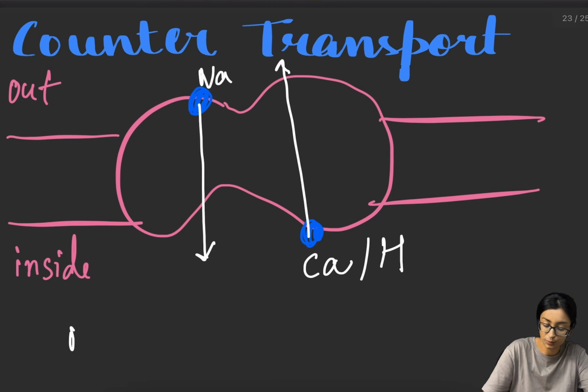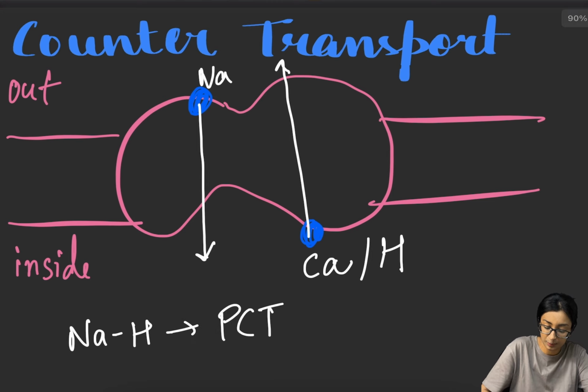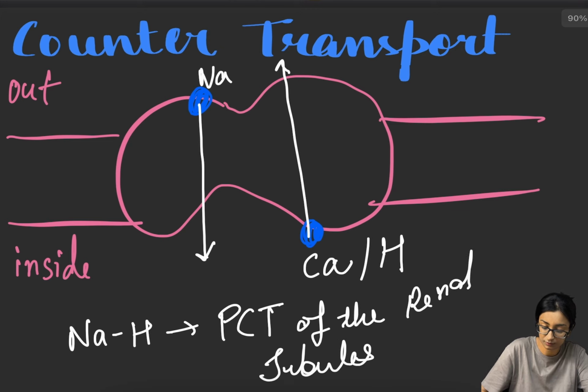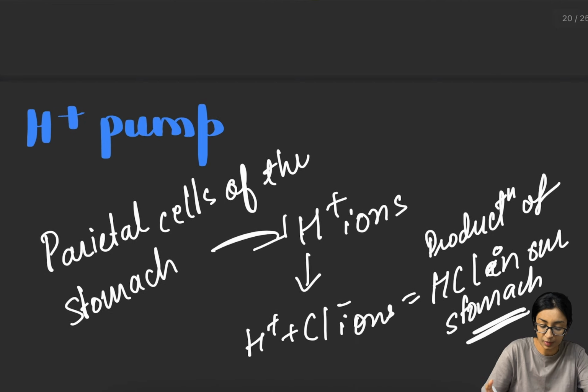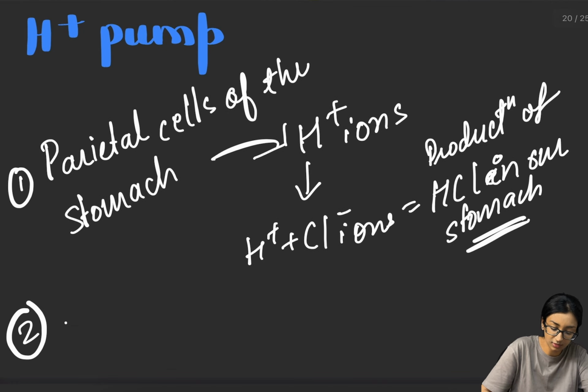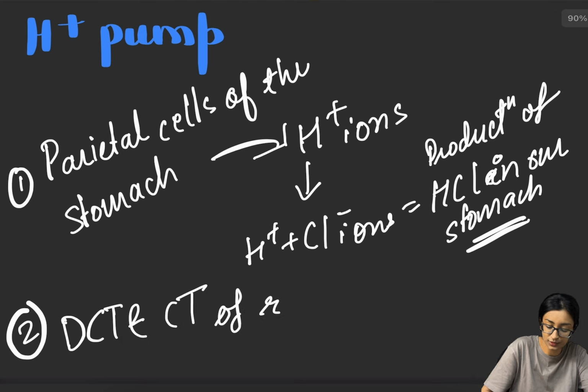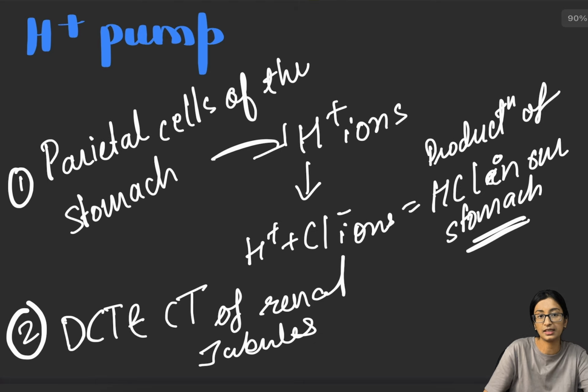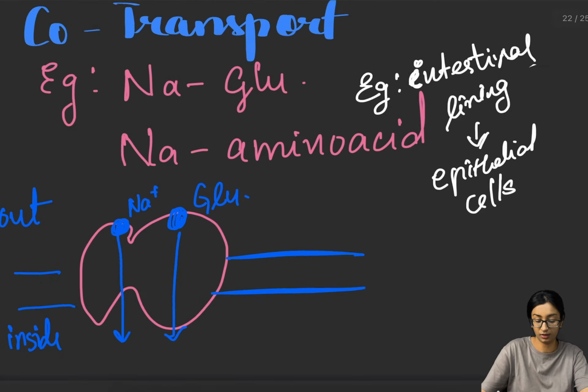And the counter transport of sodium and hydrogen is present in the PCT of the renal tubules. The hydrogen pump in the primary active transport is also present in the DCT and collecting tubules of the renal tubules. They will excrete the excess hydrogen through the urine.